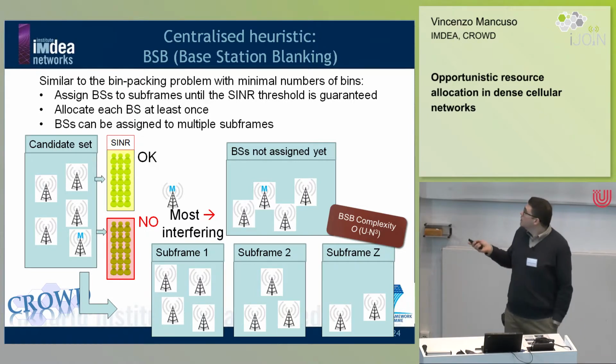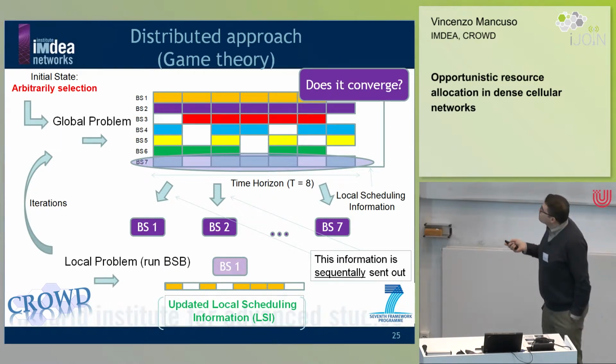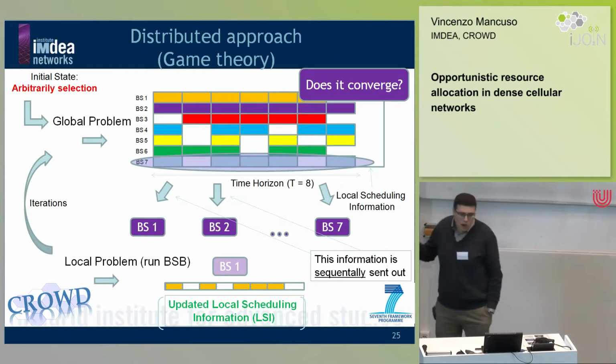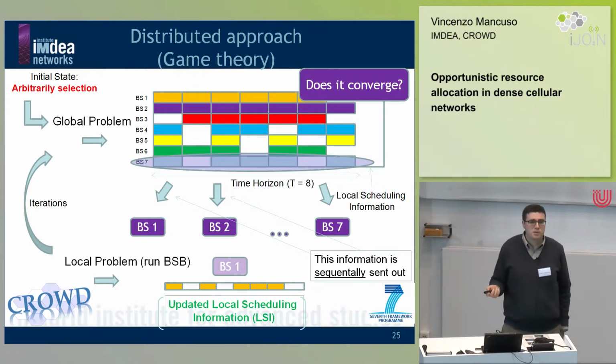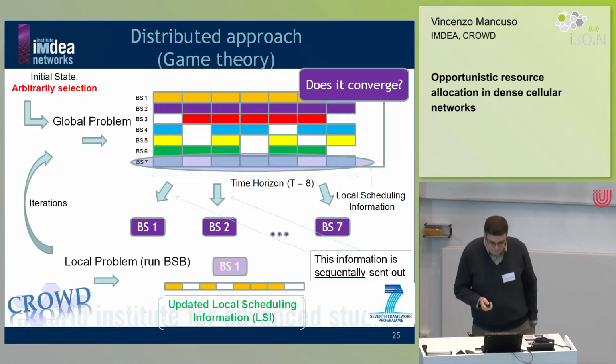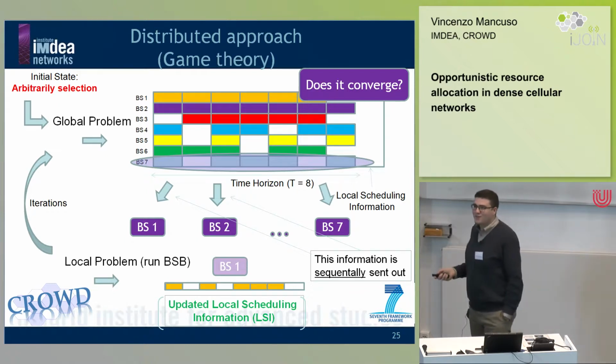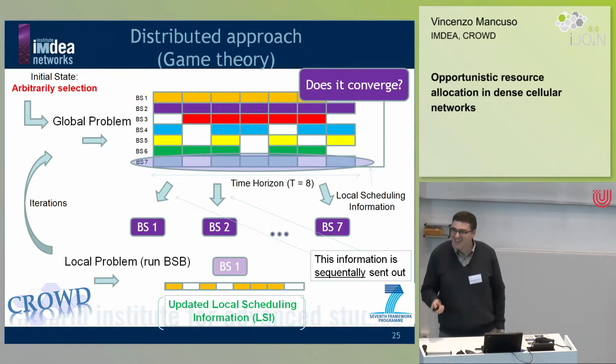So how can you implement that in a centralized or distributed way? Of course, we want to go for distributed because it's fancier, but not only for that. Let me be honest.